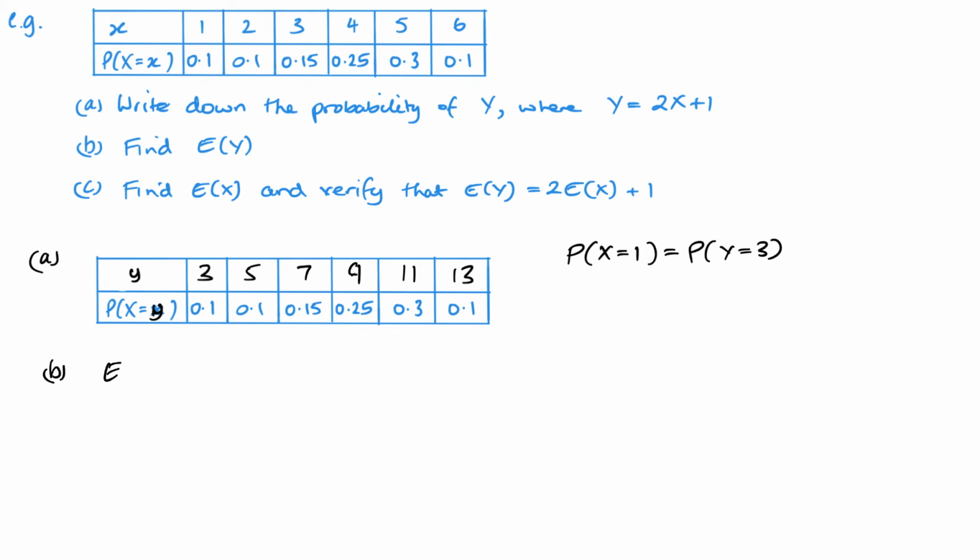Part B, so E of Y, I can do this the way we did it before, so it's the sum of y times the probability when Y equals y. So that's my 3 times 0.1 plus 5 times 0.1 plus, and so on, all the way up to 13 times 0.1.